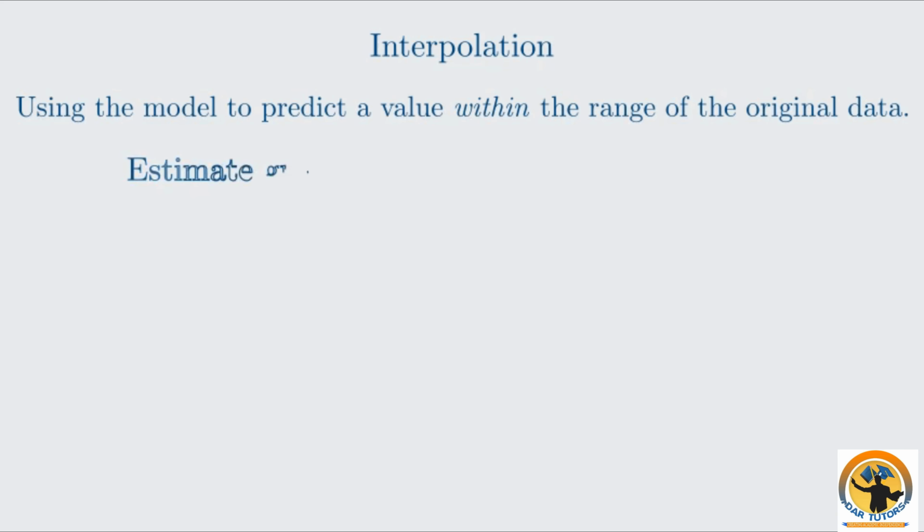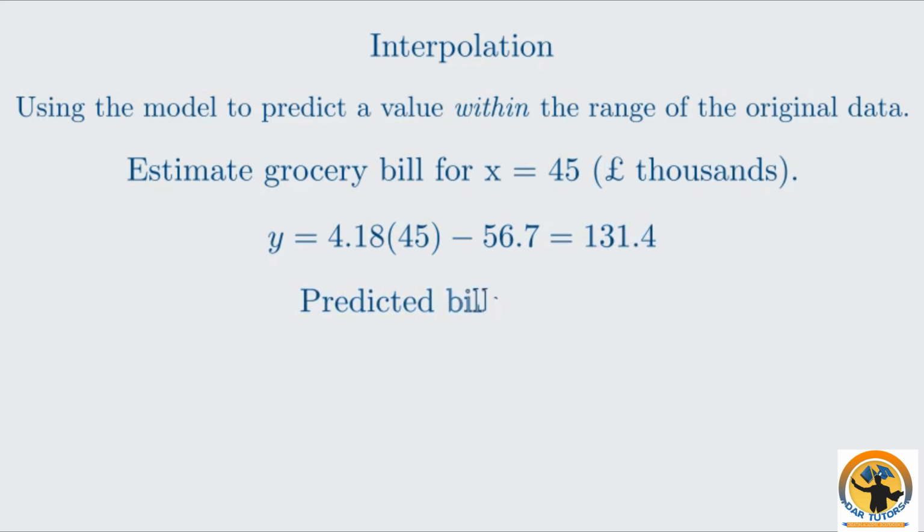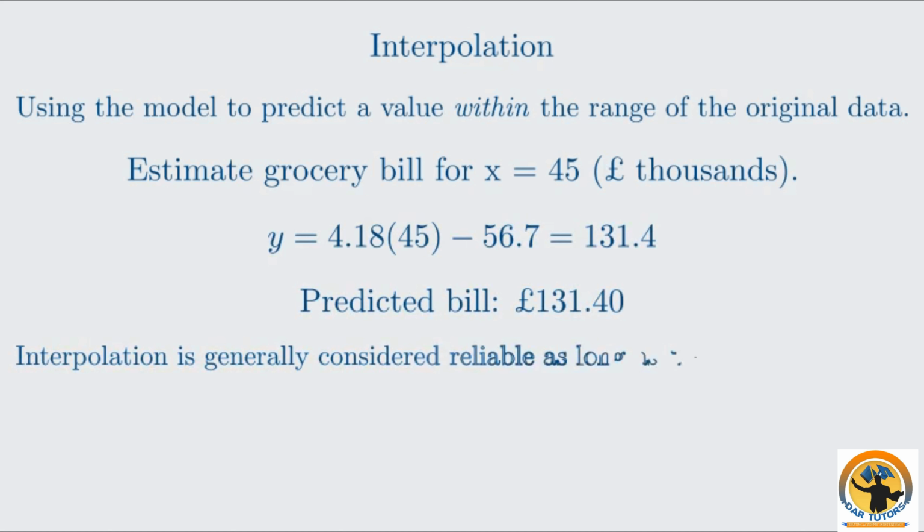We simply substitute x equals 45 into our regression equation. This gives us 4.1 times 45 minus 56.7, which equals 131.4. So, we expect a family with an annual income of 45,000 pounds to have a weekly grocery bill of approximately 131.40. Interpolation is generally considered reliable as long as the linear model is a good fit for the data.